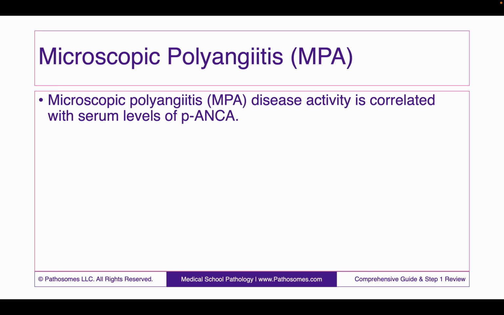But unlike Wegener's granulomatosis, P-ANCA signifies microscopic polyangiitis, right? Wegener granulomatosis has C-ANCA, and microscopic polyangiitis disease activity is correlated with serum levels of P-ANCA.